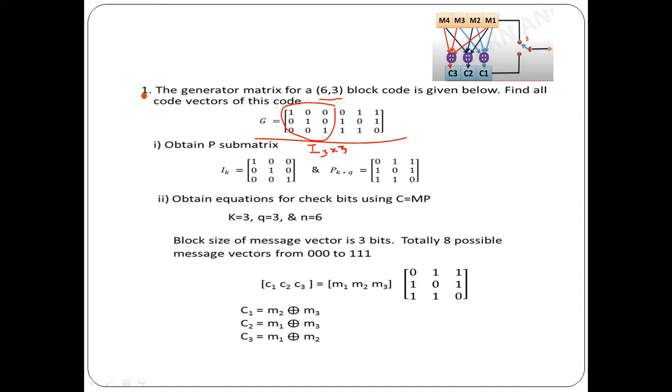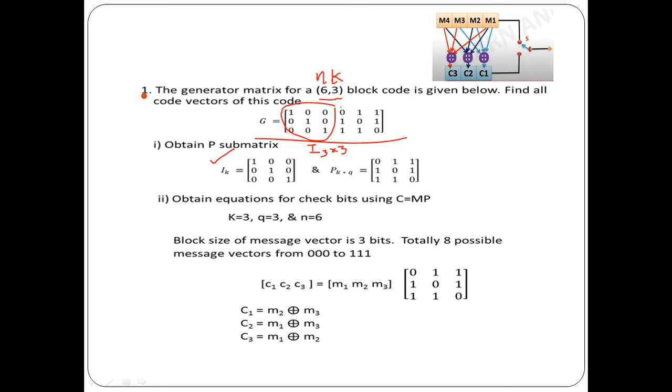The size of this identity matrix is 3 cross 3, so 3 message bits. So in n comma k, k equal to 3 we can explicitly know. Ik means I3, that is correct.